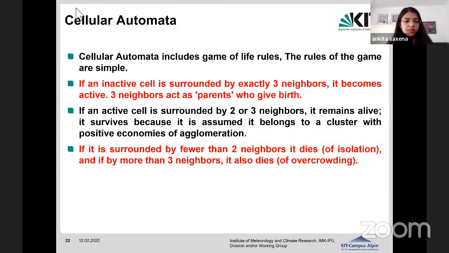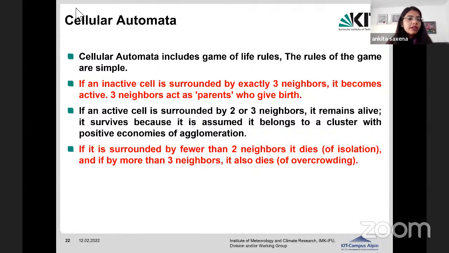If the pixel we are testing is already urban but is surrounded by few urban pixels, then it will not survive and will die just because of isolation. If you segregate the urban terms into industrialization, housing, residential, commercial, and infrastructure, a residential place cannot survive if it is surrounded by so much commercial infrastructure.